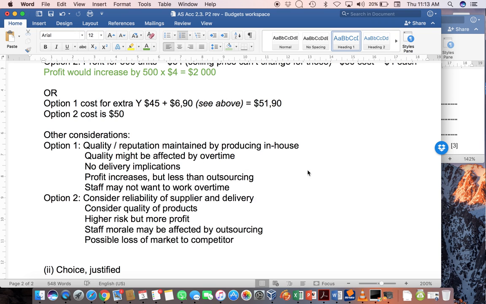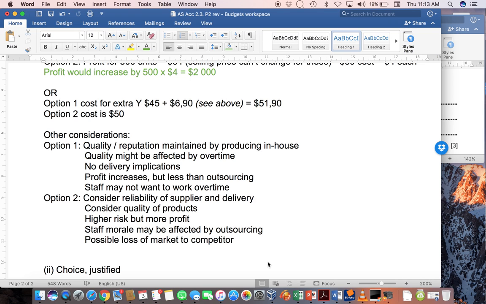Now, if you are only looking at costs, obviously you would want to choose option 2. However, you also need to factor in quality, reliability, staff morale, etc. And this allows you to choose option 1 if you think that this would be a better idea.